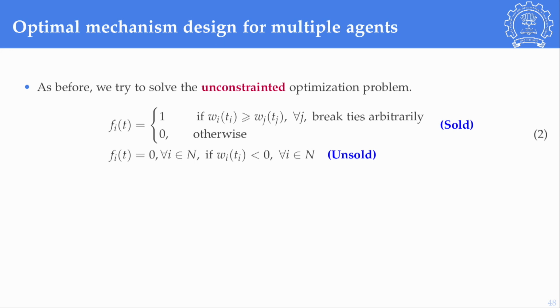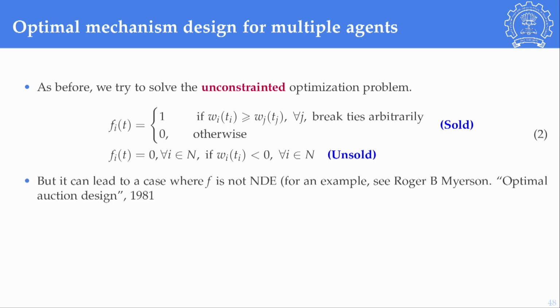So, then that does not maintain the maximum, and you allocate the item to somebody else. Then that violates the condition that it is monotone, right.